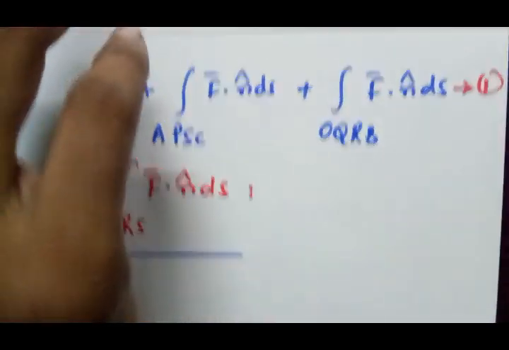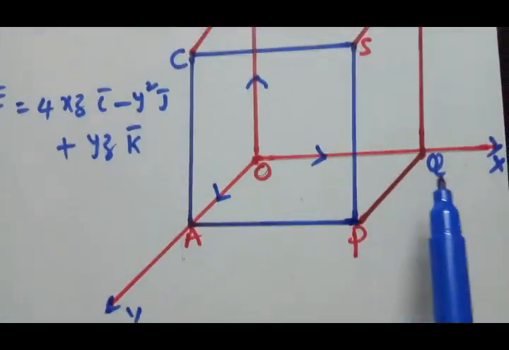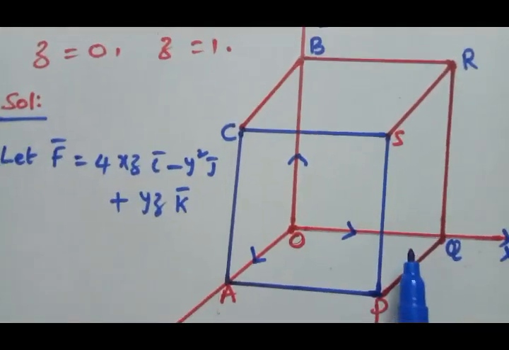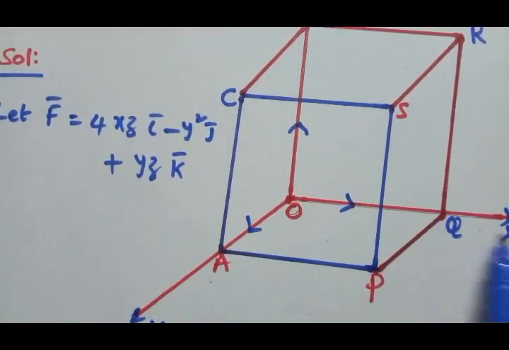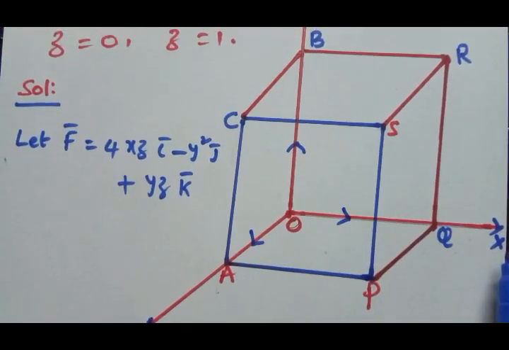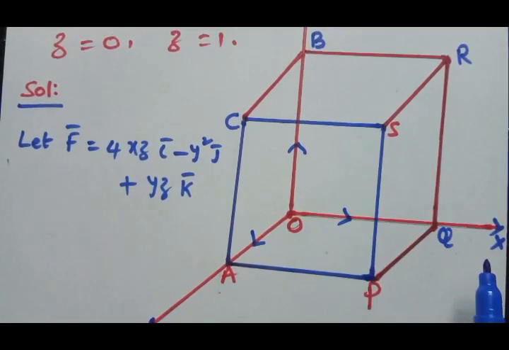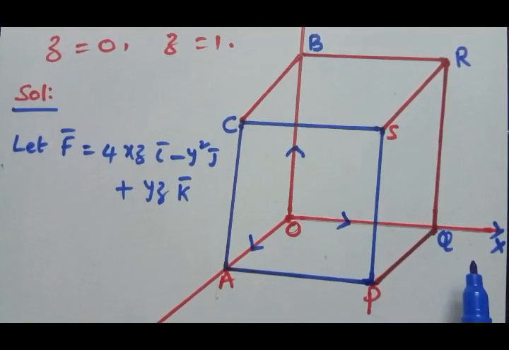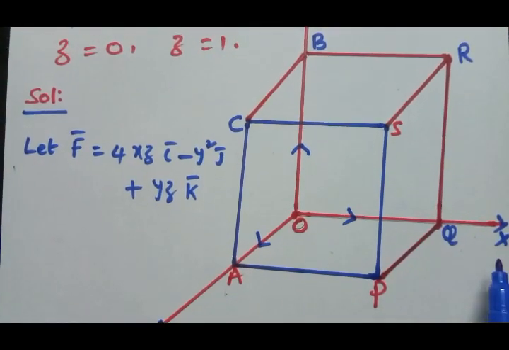PQRS, here the unit outward drawn normal is along the x-axis. That means i cap is the unit vector along the x-axis.